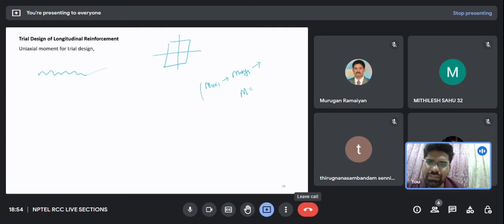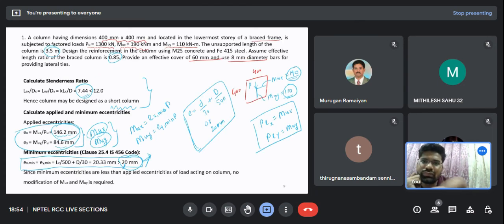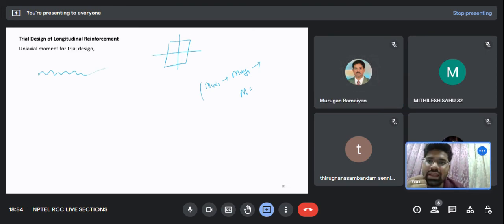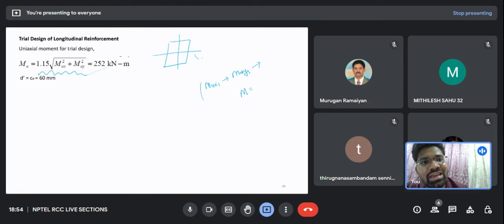So which is the major moment, Mux or Muy? Mux is the major moment, and that is the reason I will assume it to be acting on the axis where Mux is acting. So I will write M here.